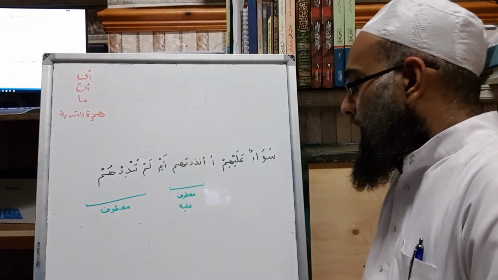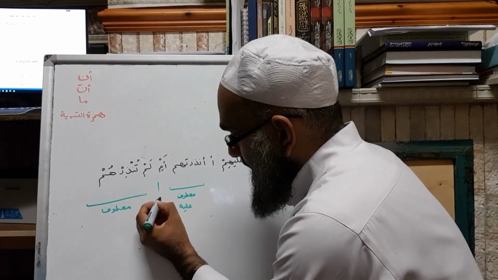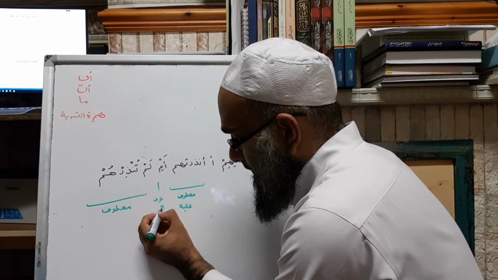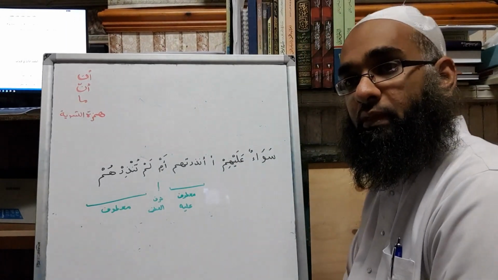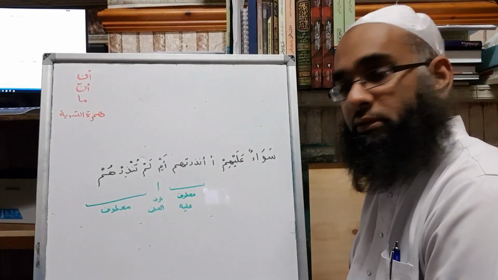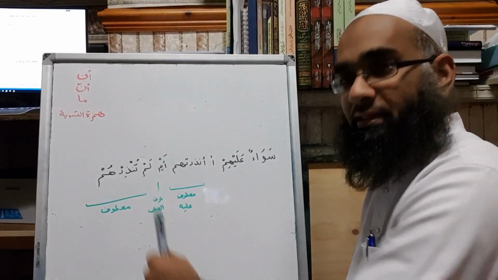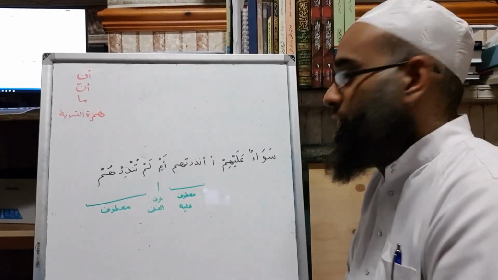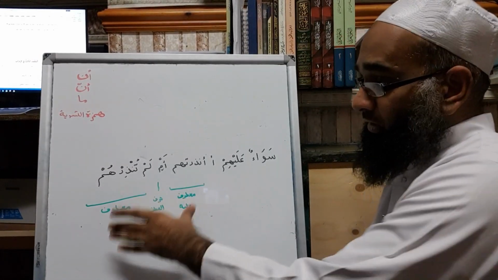Right? Now, أم is حرف العطف. In English we would call ma'tuf alayh that to which something is joined. So the أم is the thing. There's a ma'tuf alayh and that's a ma'tuf. Okay. Correct? Now these are fine, right?